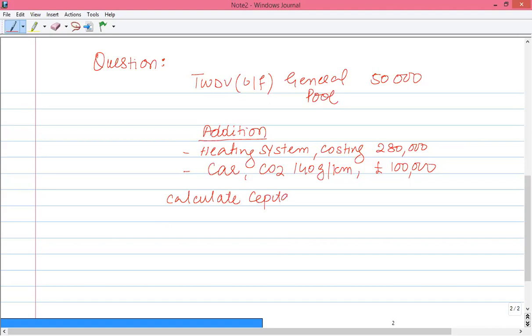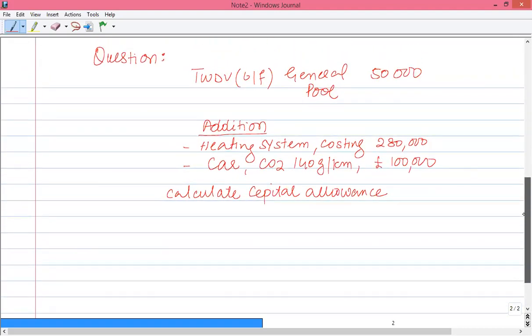So in this example, we have a main pool item brought forward balance, and we have two new assets. One is a car, and the other is a normal item, and both are special pool items because the heating system is an integral feature of a building, and the car's CO2 is greater than 110 grams per kilometer.